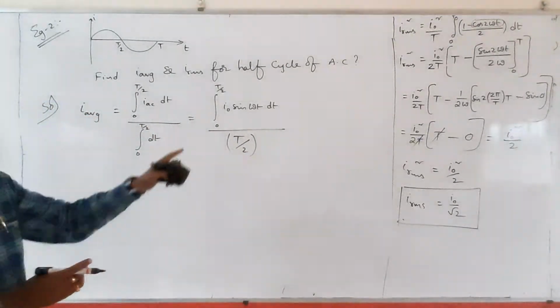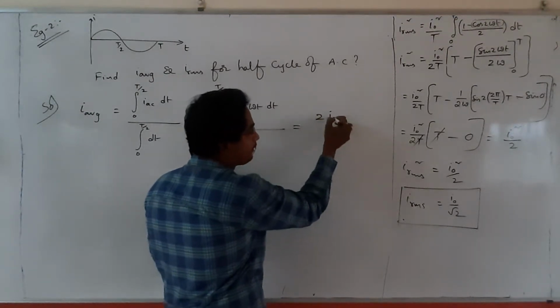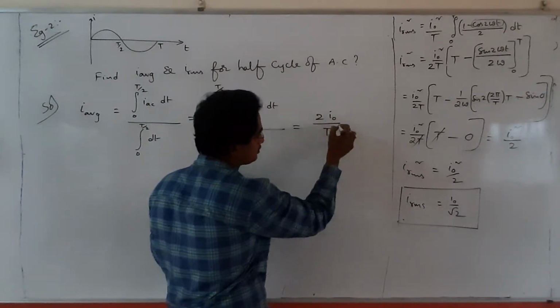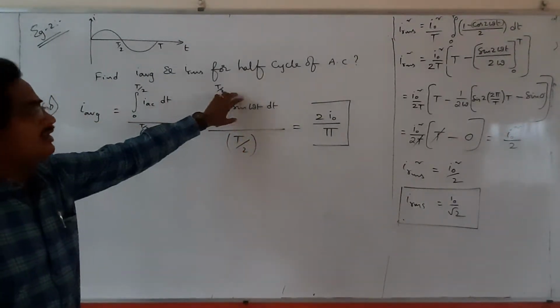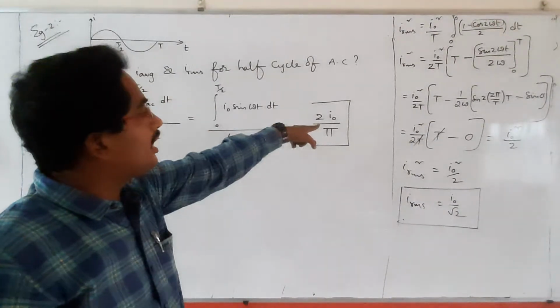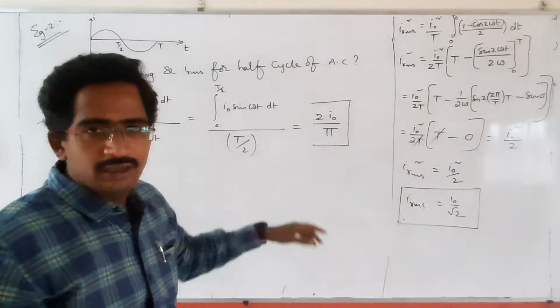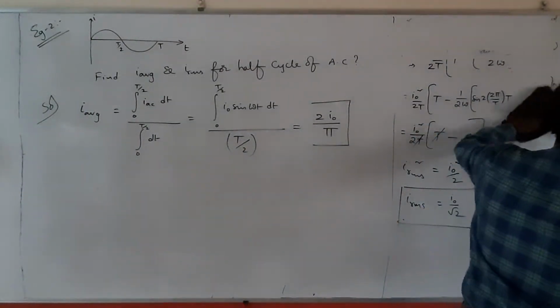If you solve it, the answer you get is 2 I naught by pi. You try to solve it. For half cycle of AC, the average value is 2 I naught by pi.